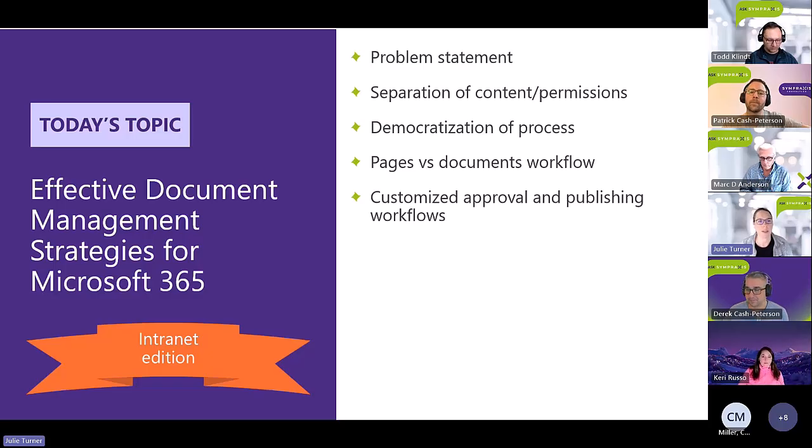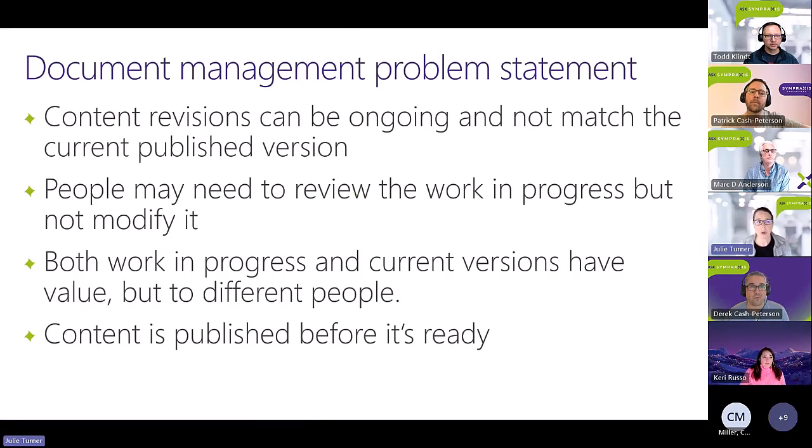We're going to talk about the separation of content and permissions, the democratization of the process, pages versus documents workflow, because in this case, pages become potential content. And then I'll have some time at the end, if we have time, to talk about a customized approval and publishing workflow. All right. So let's get started with the problem statement.